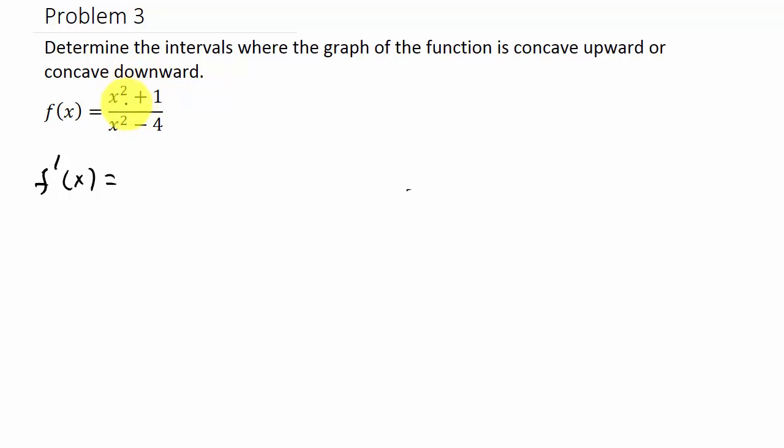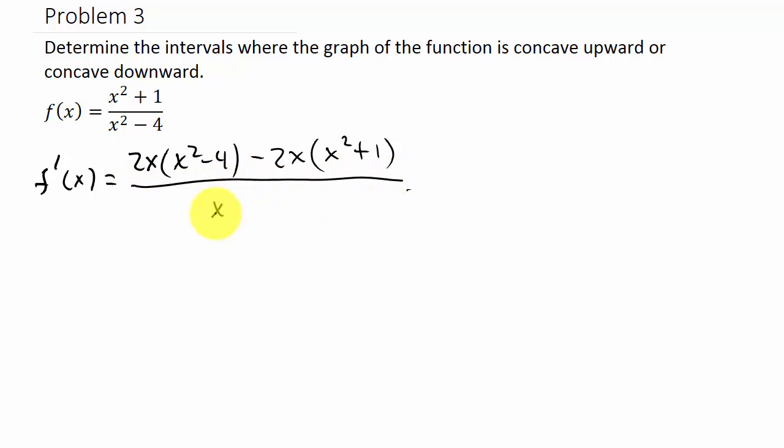So it's the derivative of the numerator, which is 2x, times the denominator, minus the derivative of the denominator, which is 2x, times the numerator. And that's all over the denominator squared.